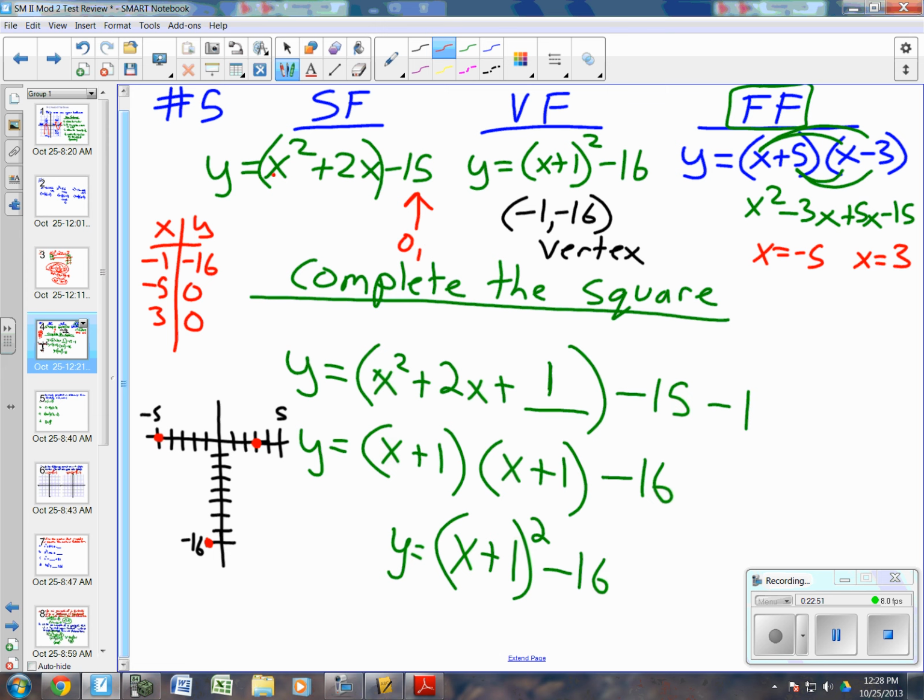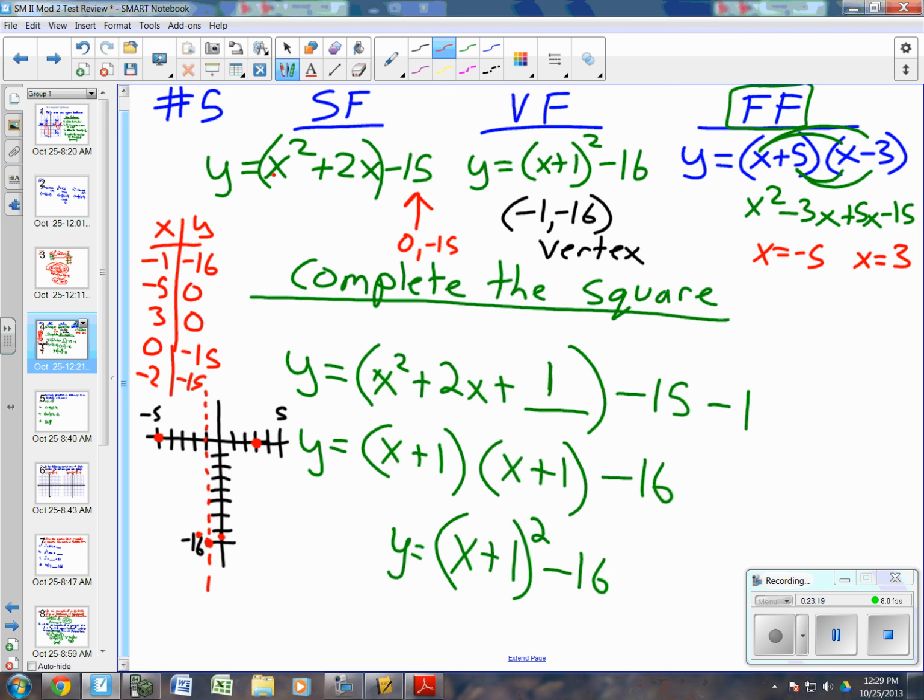So 0, comma, negative 15 is another point. 0, comma, negative 15 would be right here. By the way, if I used my axis of symmetry and reflected this point over, I could get another point. Yeah, negative 2, comma, negative 15. So there's 5 different points.